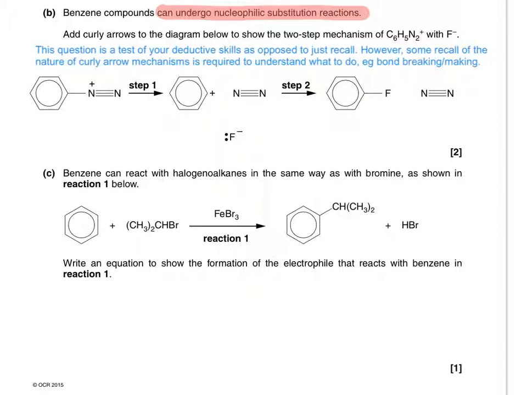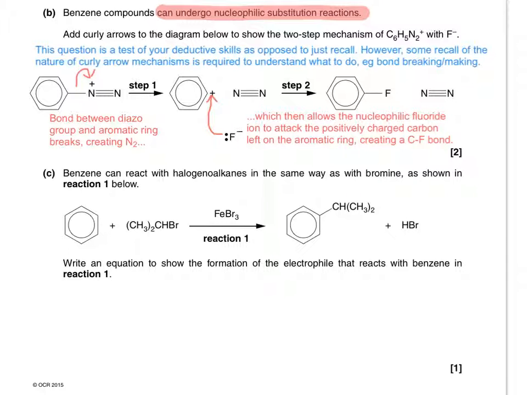It's something like this. So you have the nitrogen and the aromatic group having a bond, and that breaks. And then the fluoride ion, being a nucleophile, comes in and attacks the remaining positively charged aromatic ring.